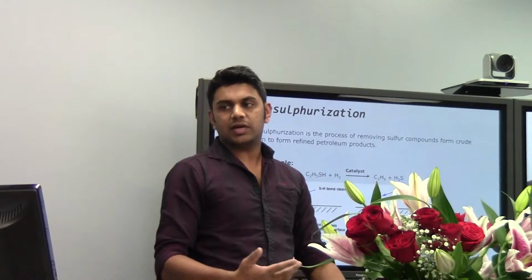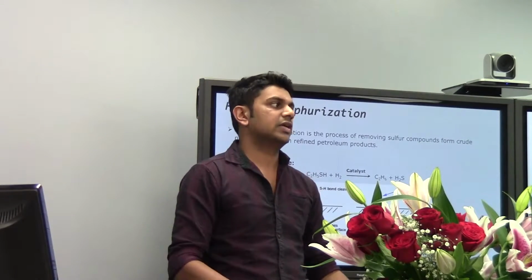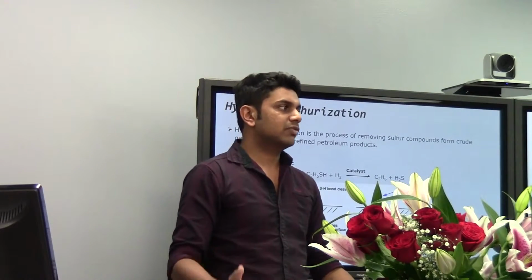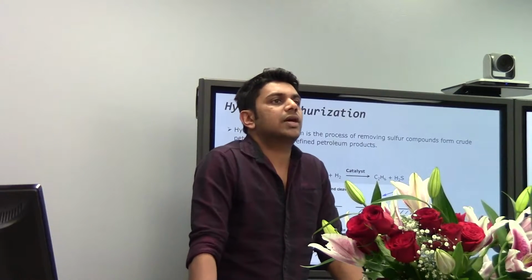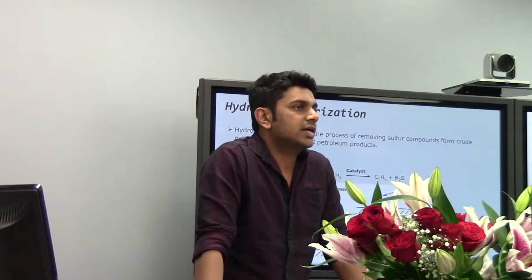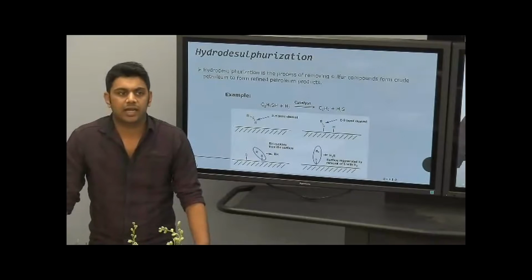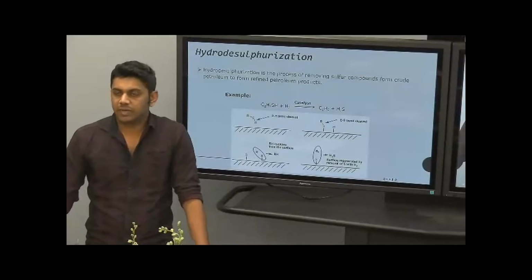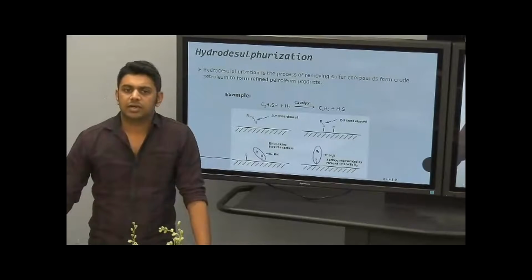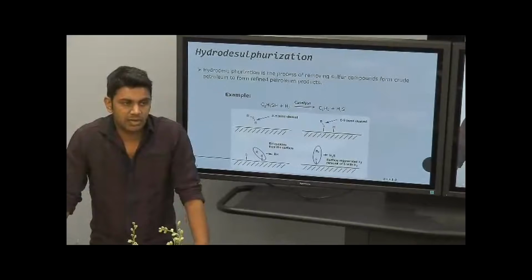During this hydrodesulfurization reaction, during this sulfur removing process, the sulfur contaminant hydrocarbon is treated with hydrogen gas in the presence of a heterogeneous catalyst at elevated temperatures and pressures to form these refined petroleum products, and hydrogen sulfide is formed as a byproduct.